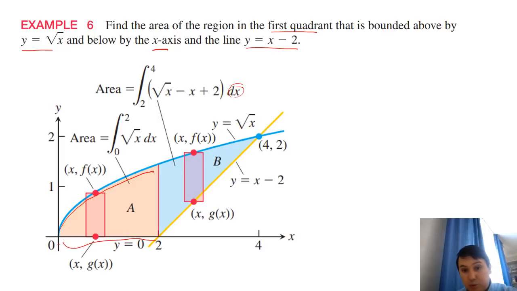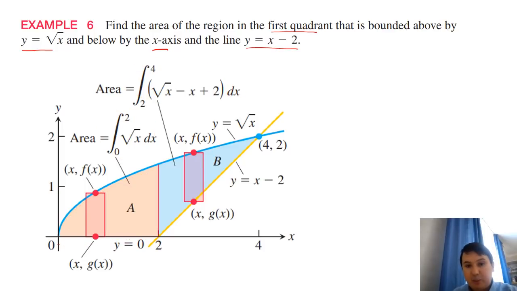But from 2 to 4, I need to consider both functions, this blue curve and this yellow curve. So there it will be different. In the first part I have this integral, in the second part I have that integral. This is doable, but somewhat time-consuming, not very convenient.